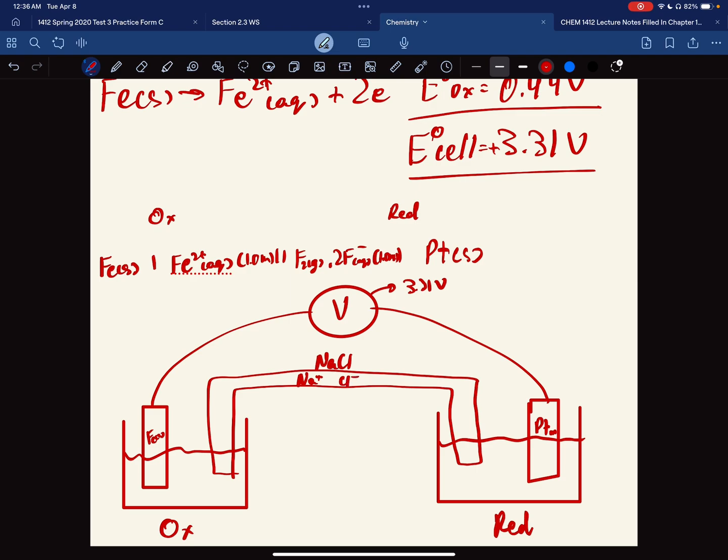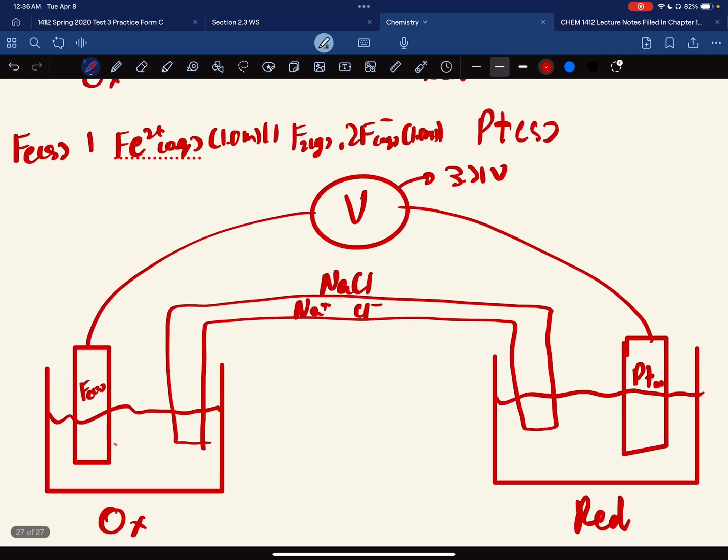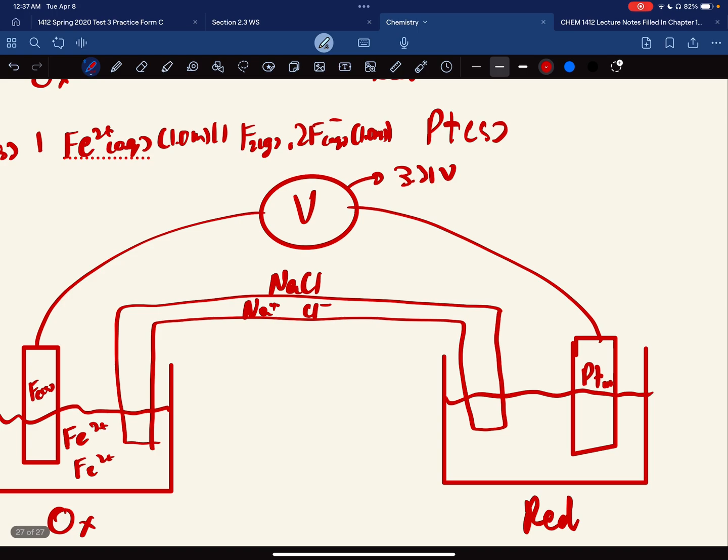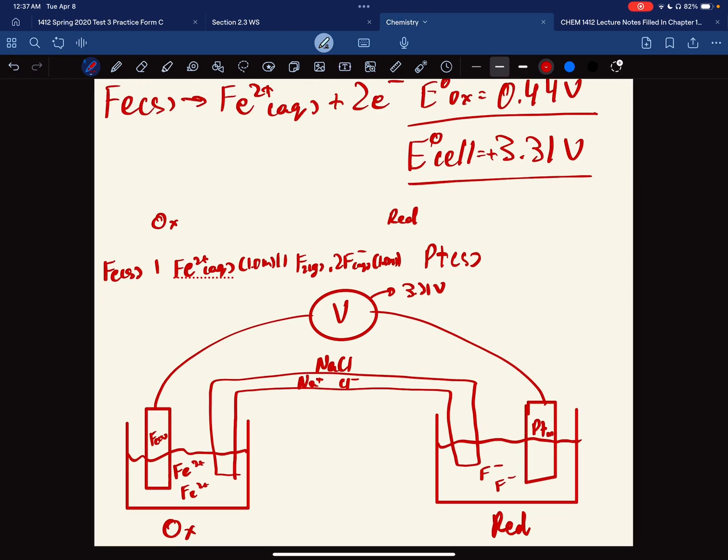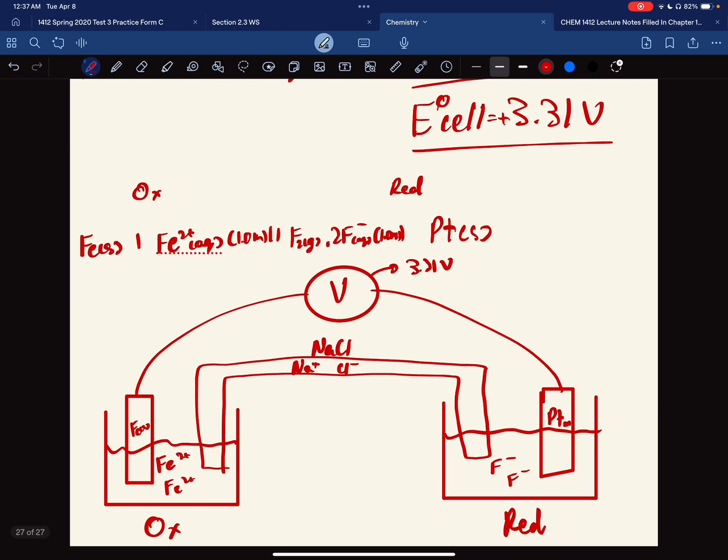So in the oxidation beaker, we are going to be forming Fe2+ ions, and in the reduction beaker, we are going to be forming F- ions. We have the salt bridge in the middle.